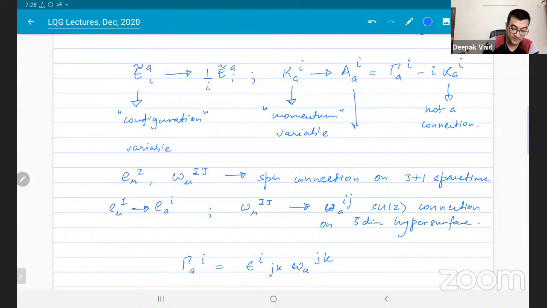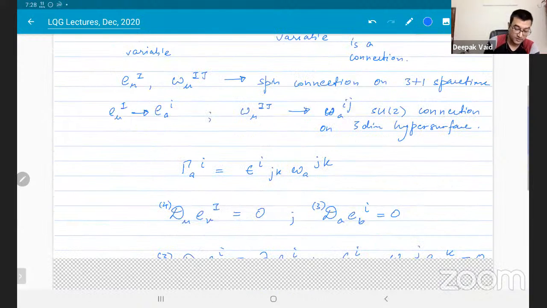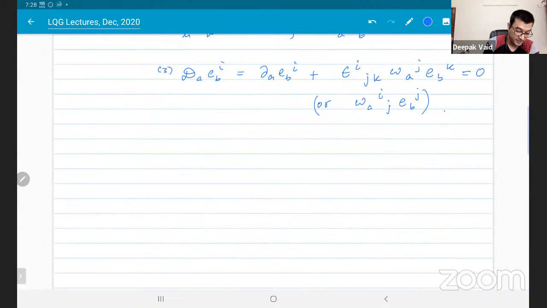But this is a genuine connection. And if you take the covariant derivative with respect to this A that we have just defined, and you act on the triad, what do you get?